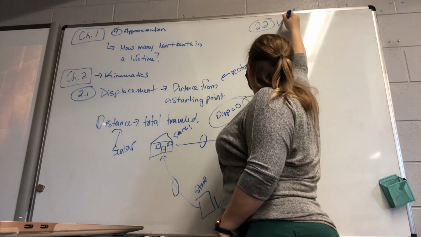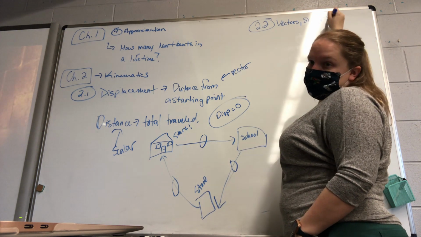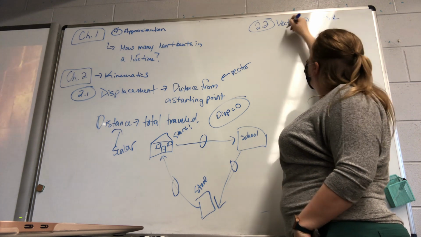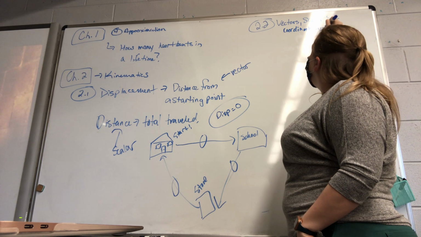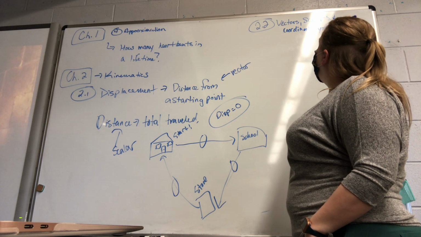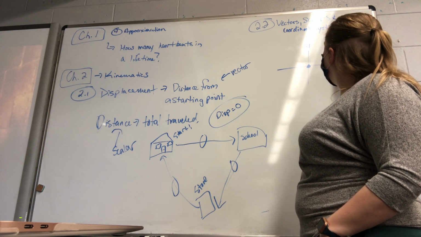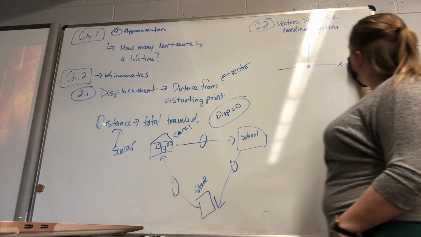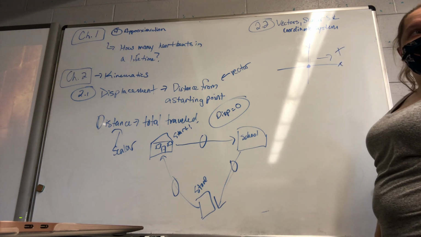2.2 was on vectors, scalars, and the coordinate system. In other words, chapter 2.2 told us that everything in the first quadrant was going to have a positive value.